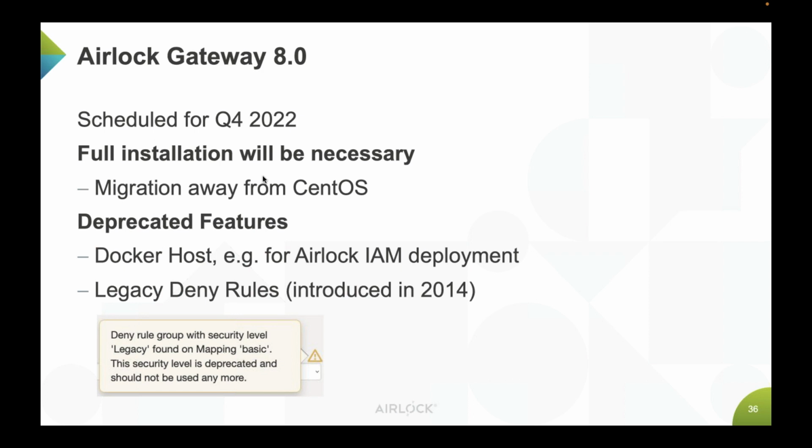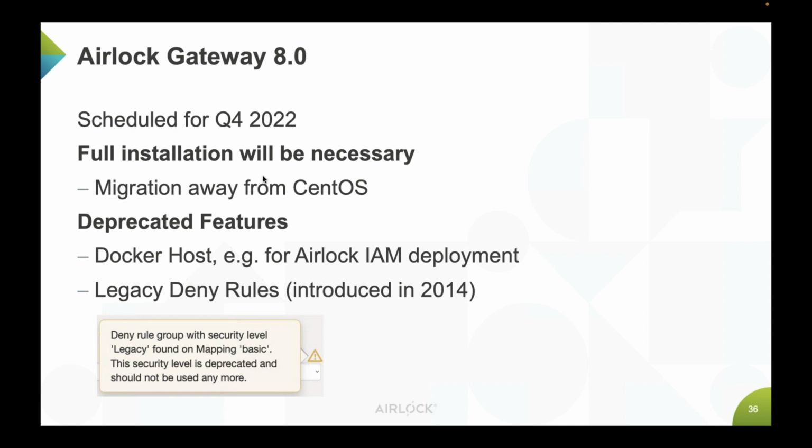Okay, now we have some announcements. Looking forward to Airlock Gateway 8, and it's going to be a major release. It's scheduled to be there in the fourth quarter this year, and it will be a full installation because we're migrating away from CentOS. The reason is that CentOS is end of life.